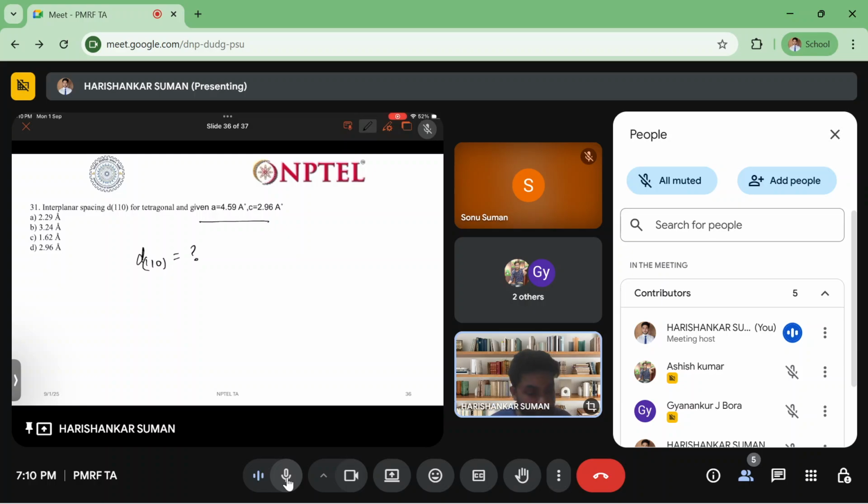This is necessary, you have to solve it. This type of question is asked in many exams like GATE, NET, and also in the exam of this course. So please solve this question. You can take 5 minutes.